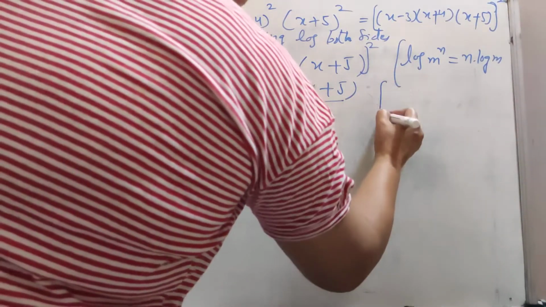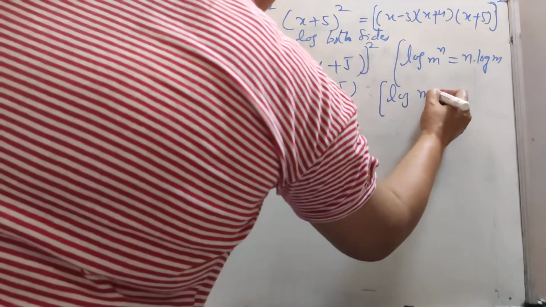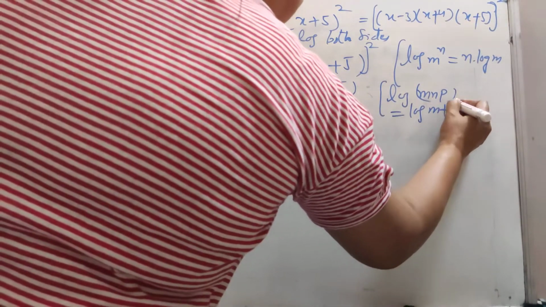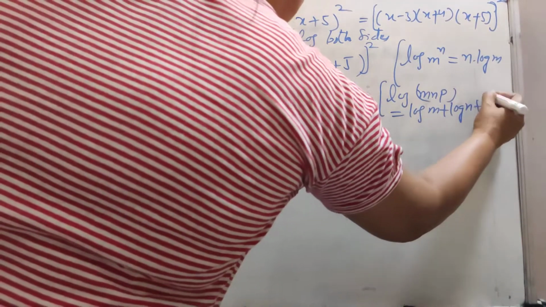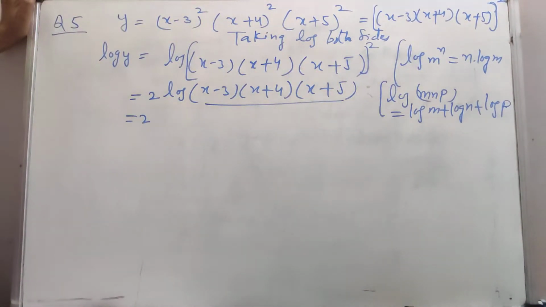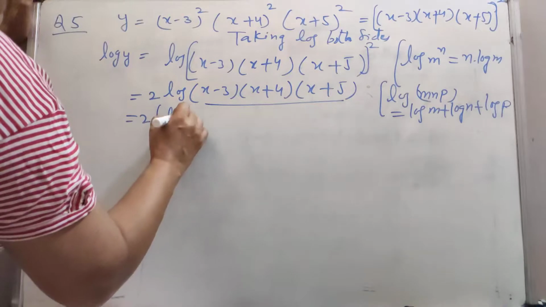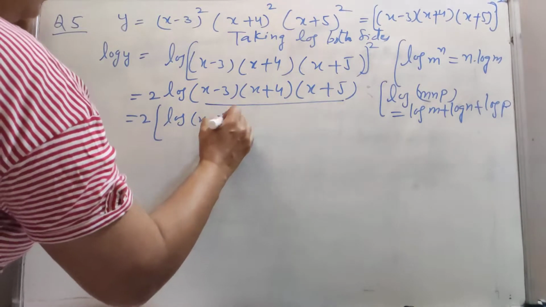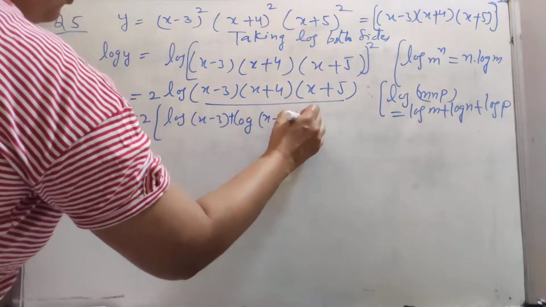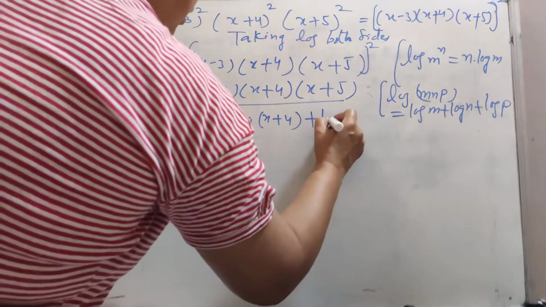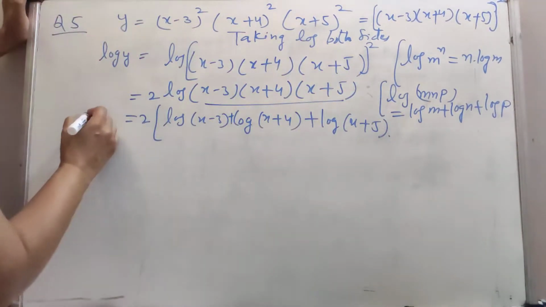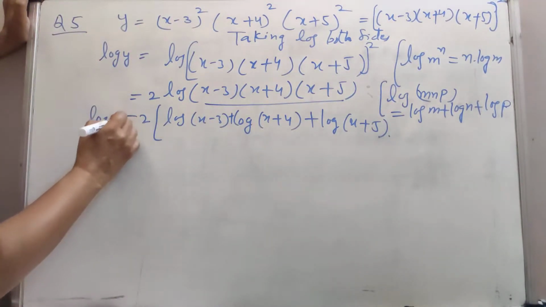So here apply the rule of the logarithm, log of m into n into p is equal to log of m plus log of n plus log of p. So take 2 common. It will become log of (x minus 3) plus log of (x plus 4) plus log of (x plus 5). On the left hand side it is log y.